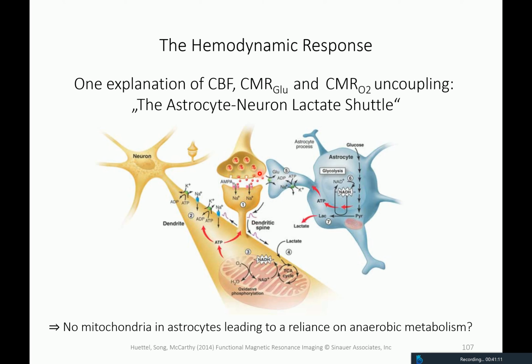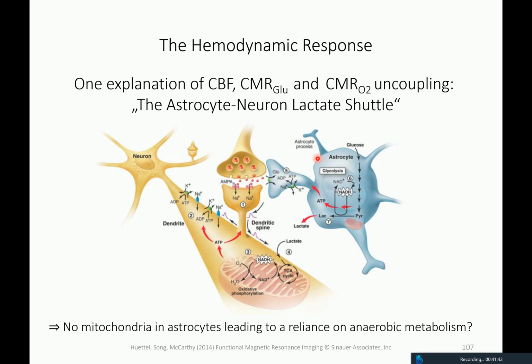That means that they themselves also need energy. And now the point of this whole thing, although the name doesn't really give it away, is that the astrocytes don't have mitochondria. Hence, if these astrocytes become active locally, they rely on anaerobic metabolism. So they actually need glucose, but they don't need oxygen.